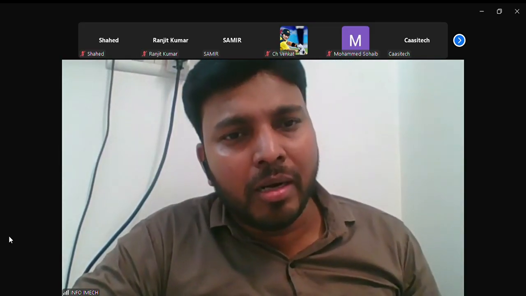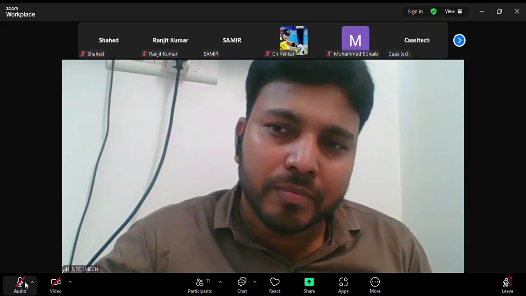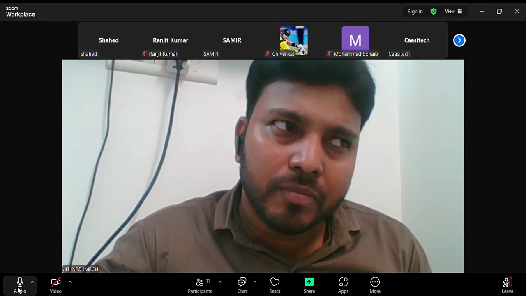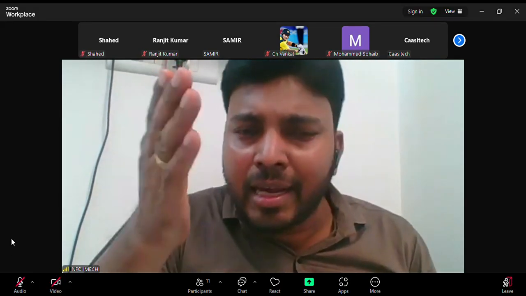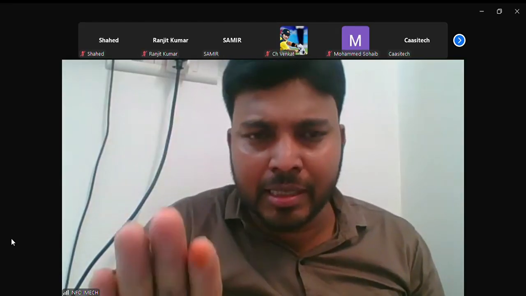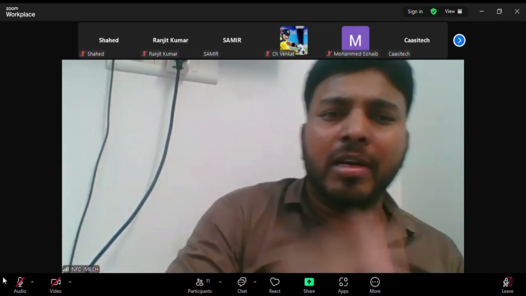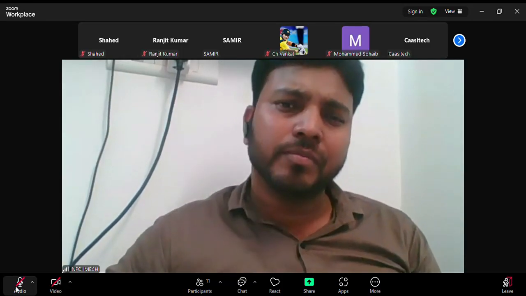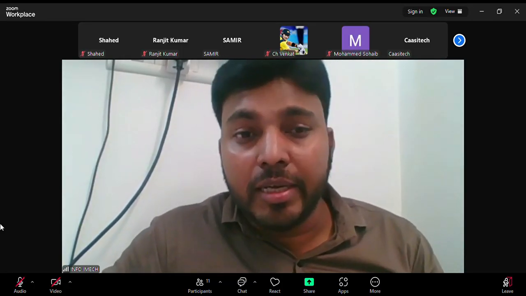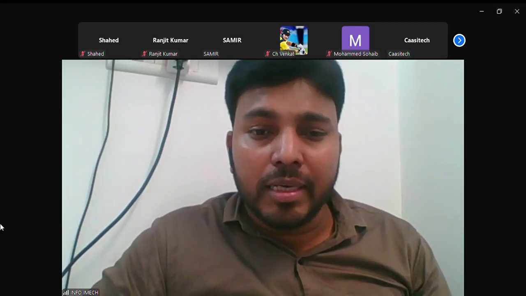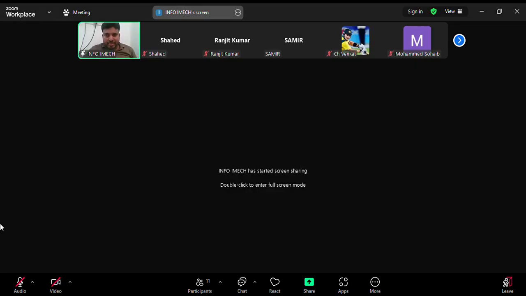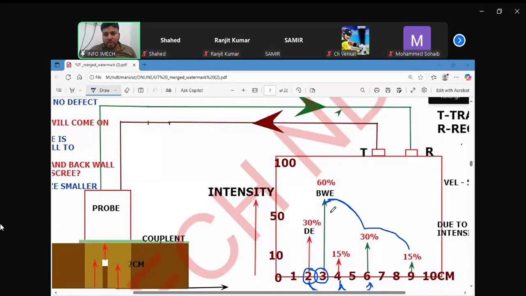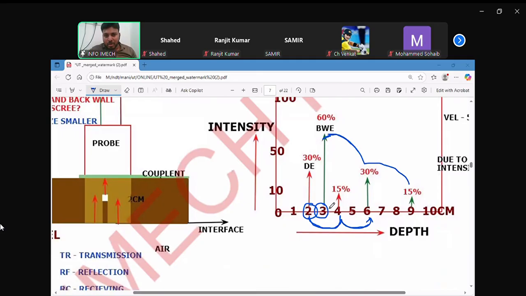So after the back wall, which echoes will we get? The reflected echoes only. So always your required area will be before the back wall. Am I correct or not? Back wall and before back wall is your required area. Okay, so that means what? Here, in this third case, always your required area will be the back wall and before the back wall, before the 3 centimeters area only.